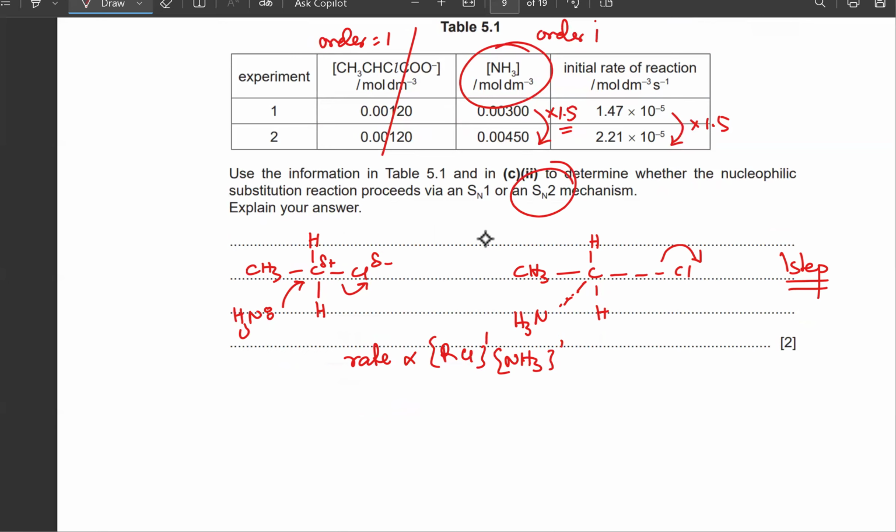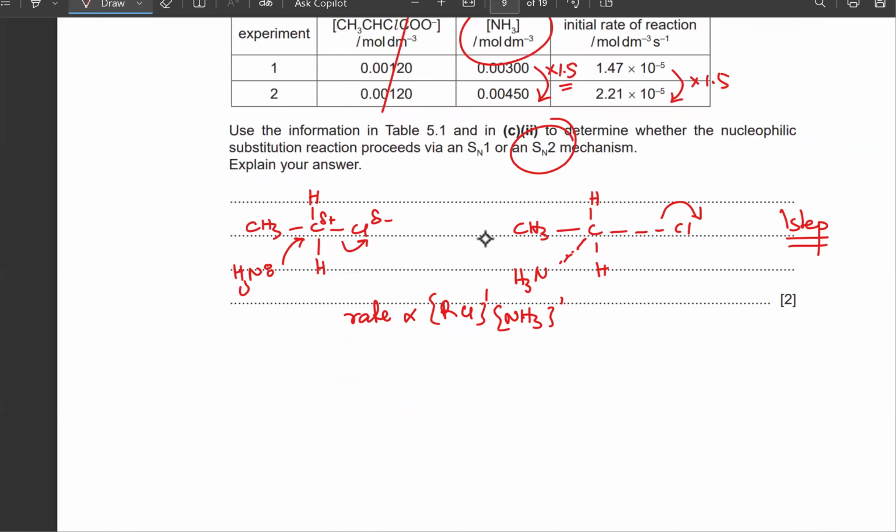So it is going to be SN2. There was another mechanism which was SN1, which was for tertiary halogenoalkanes. In that, you had carbocations getting formed. It was a two-step reaction. In the first step, the Cl would break away, and what you'll get is a carbocation.